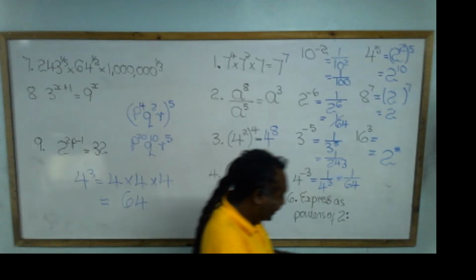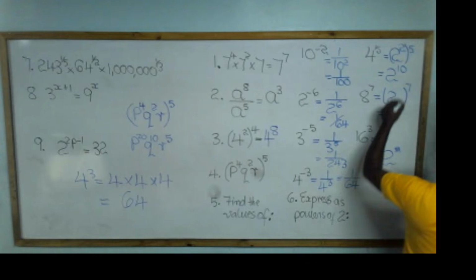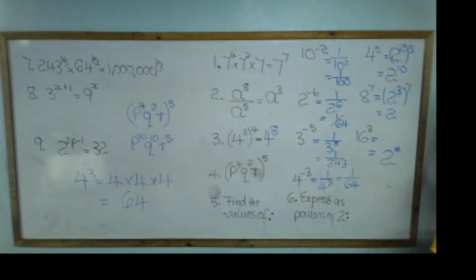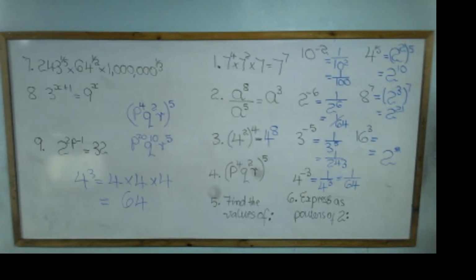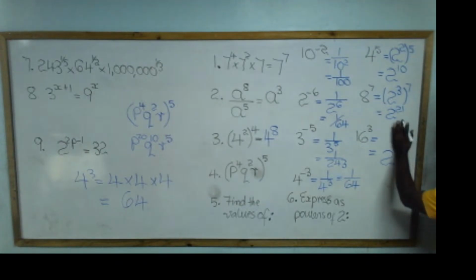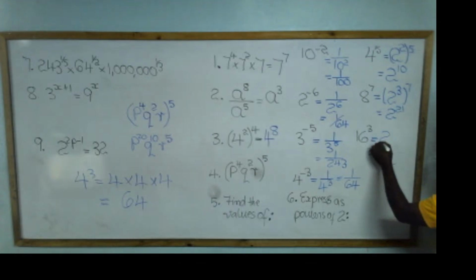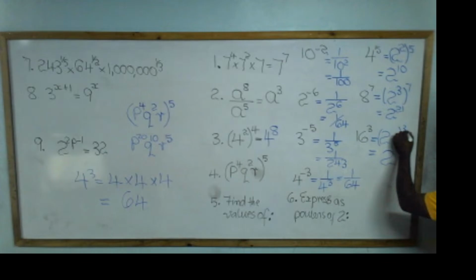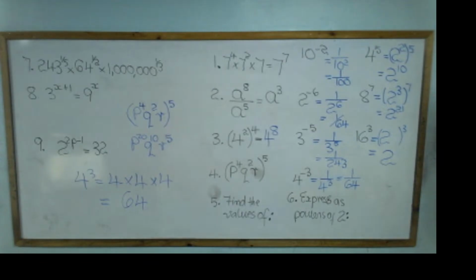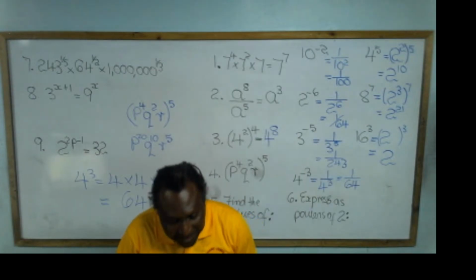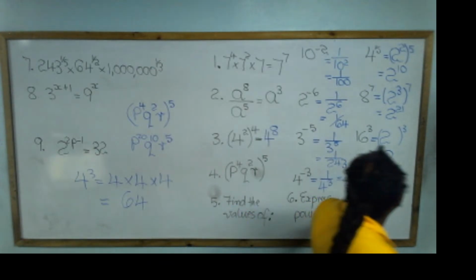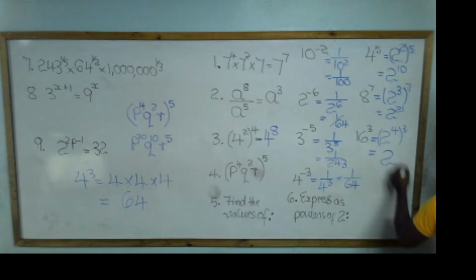That's nice. 2 to the power of 3 raised to the power of 7. 3 sevens, 21. And 16 is going to be 2 to the power of what, raised to the power of 3? Two to the power of 4, then raised to the power of 3, and we finish up by saying 2 to the power of 12.